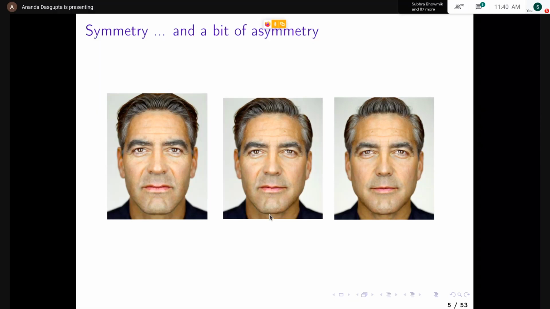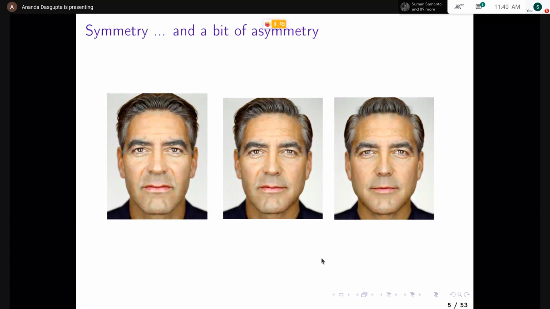And what has been done here is basically you have taken half of the picture, half of the left-hand side, mirror reversed it, and made the whole picture out of this. That's the left-hand picture here. The right-hand picture here is, of course, take the right side, meaning right as I see it. This is really the left-hand side of Clooney's face, and double that up, and you have made this picture.